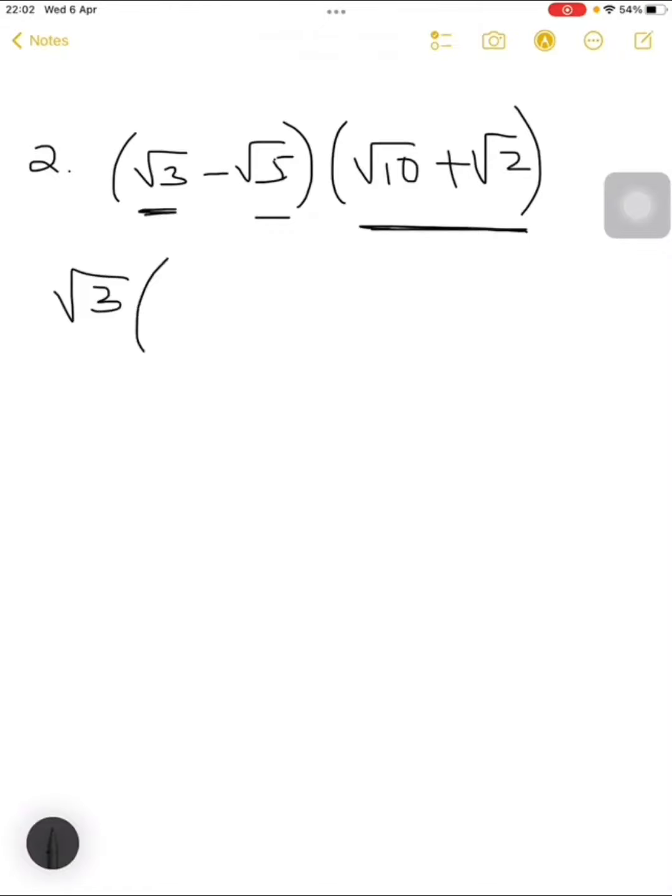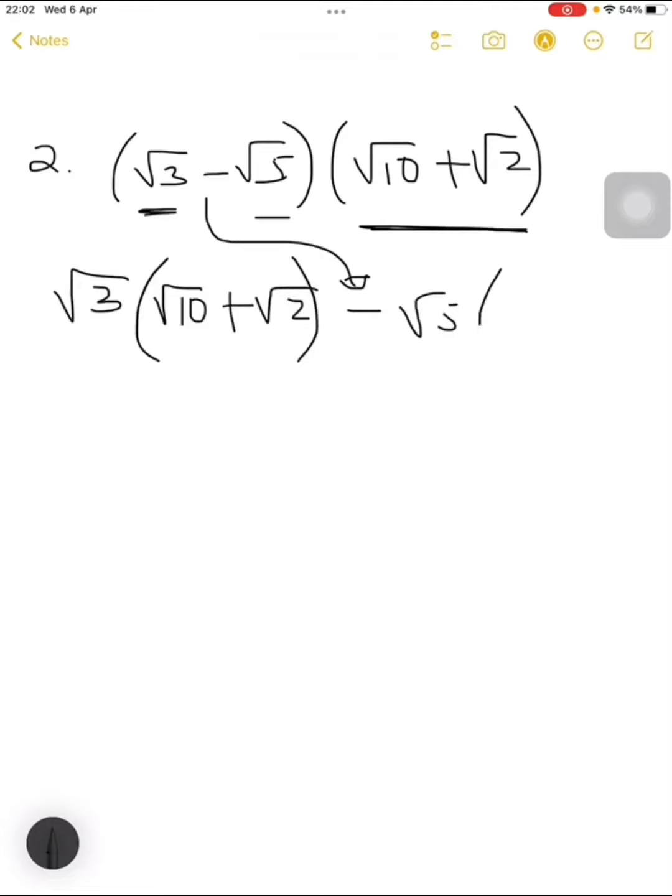So we have root 3, then root 10 plus root 2, minus, please don't forget that this is a sign that should come here, minus root 5 into root 10 plus root 2.